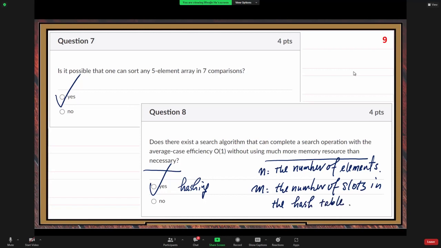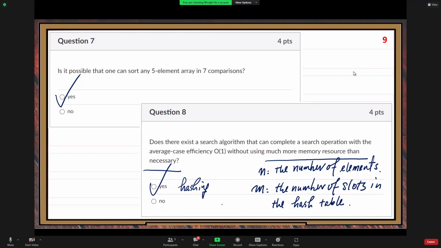We know we should make m greater than or equal to n. Okay? So we don't want to use a linked list here. With a linked list, even if m is less than n, we can still do it. But we try to avoid the complexity of the linked list. So the minimum requirement is n less than or equal to m.